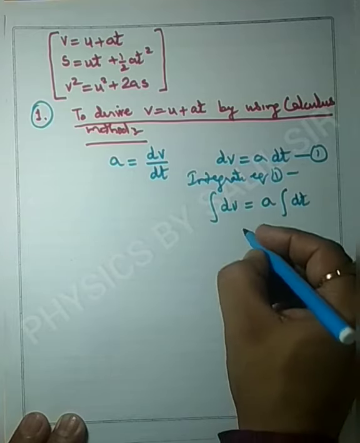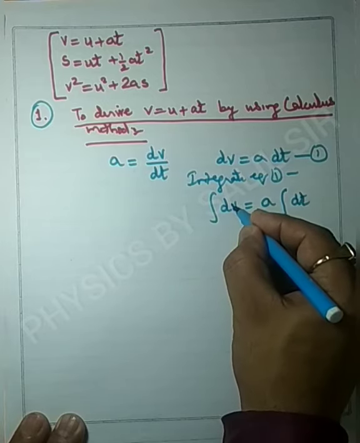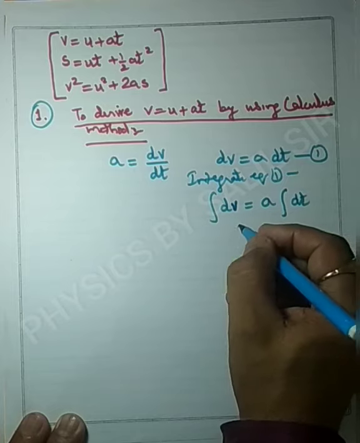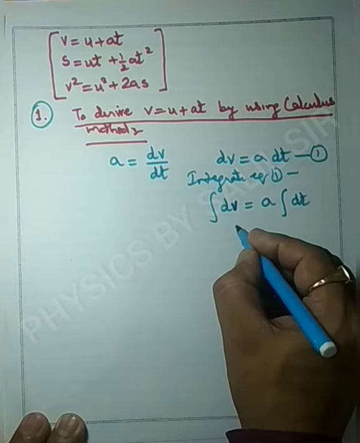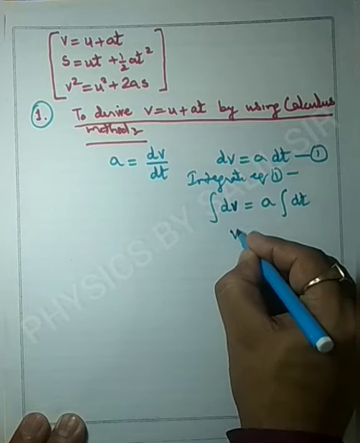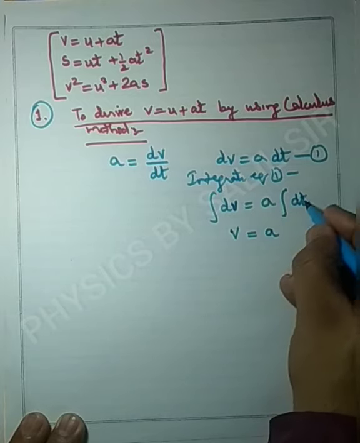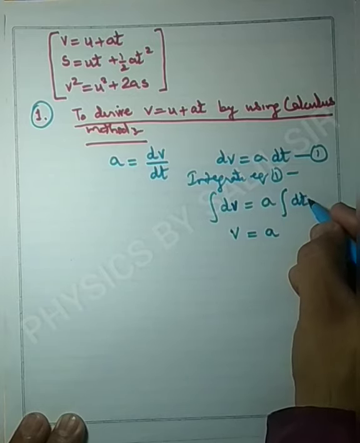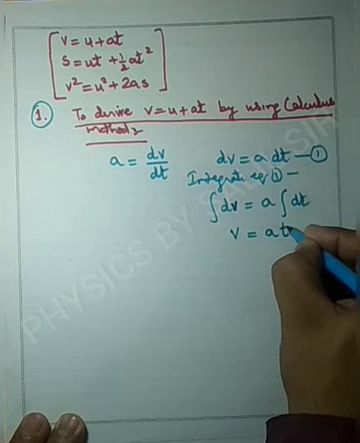When we integrate small velocities, small velocity is represented by dv, then we get the final velocity, means summation of all the small velocities, as v. Then it is a, and summation of small time is represented by dt, so it is represented by t.